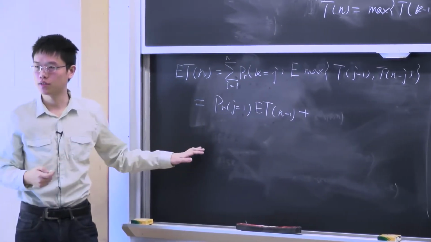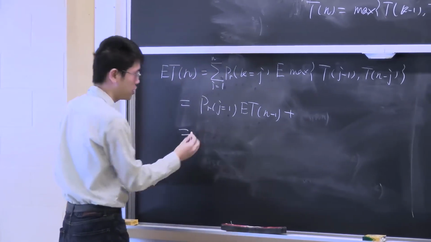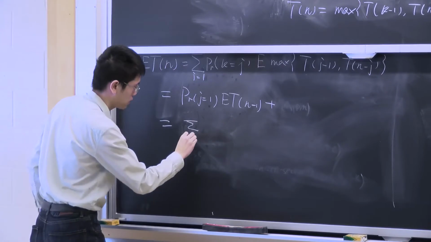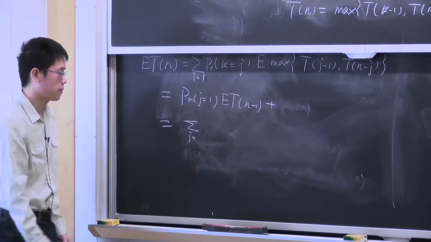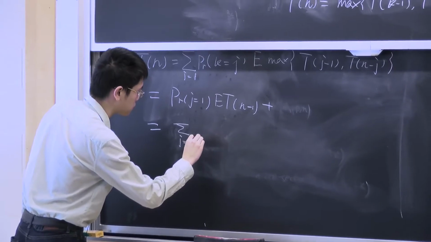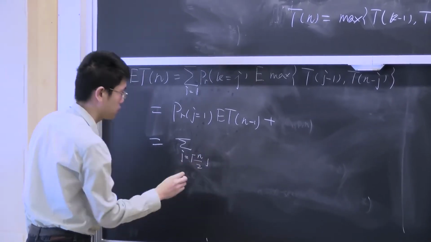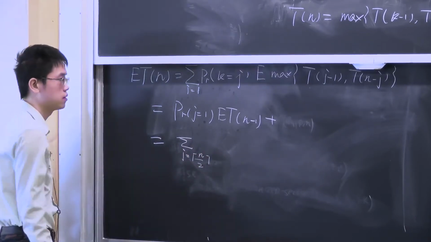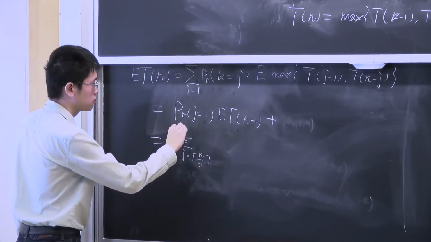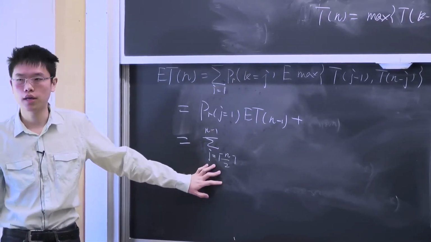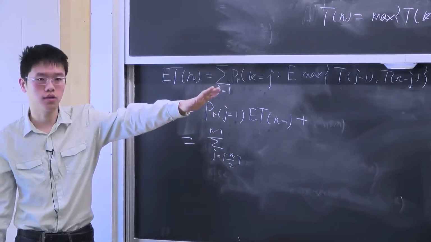I think everyone gets this, so I just directly jump to the next step. When j is smaller than half of n, I will take the right one.